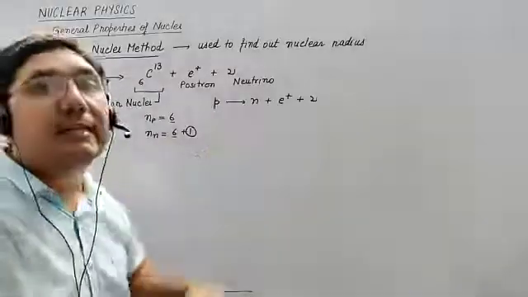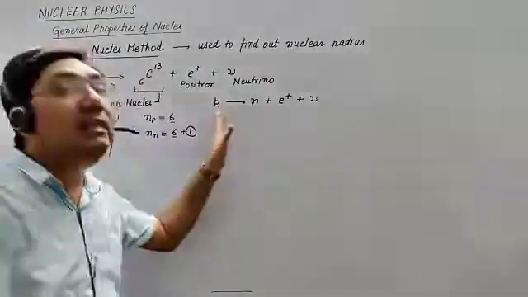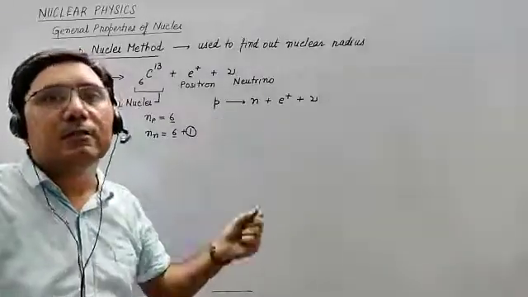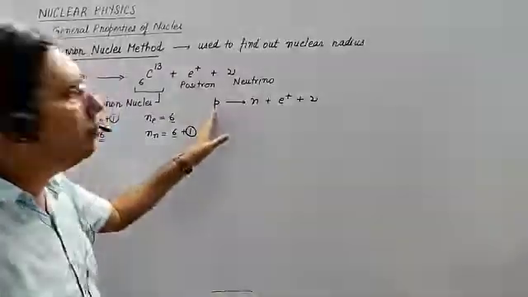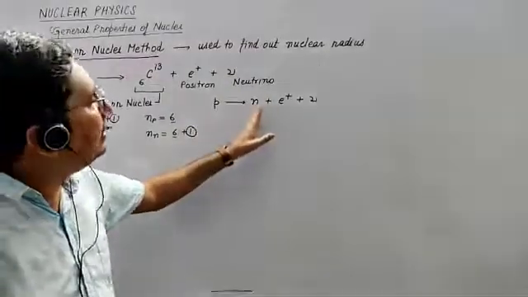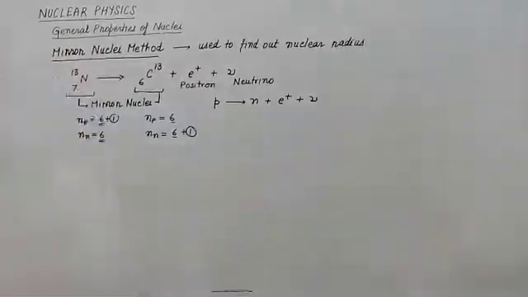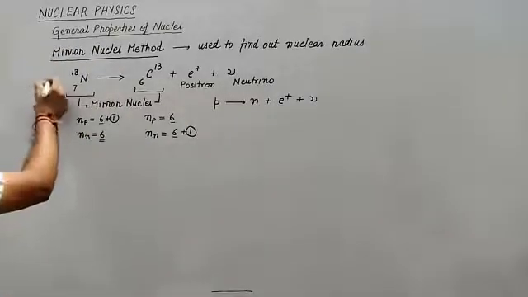This process is taking place inside the nucleus. I'm not saying that this p is a free proton. Rather, inside the nucleus, a proton is converting into a neutron, and at the same time a positron and a neutrino are emitted. So now come back to this reaction.